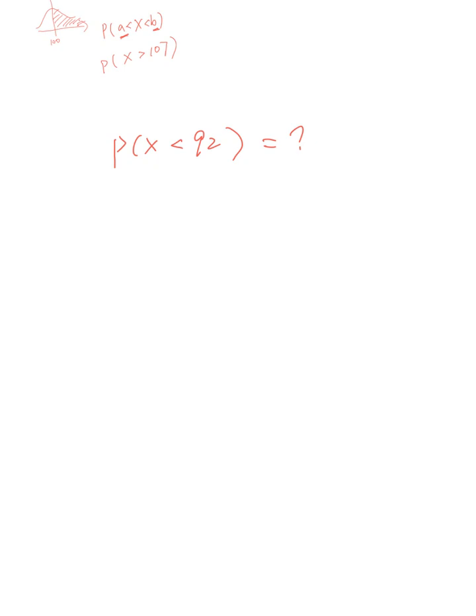We can use almost the same technique. This one, x less than 92. We have an upper, so I still use normal CDF. Upper is 92, the maximum value for x.